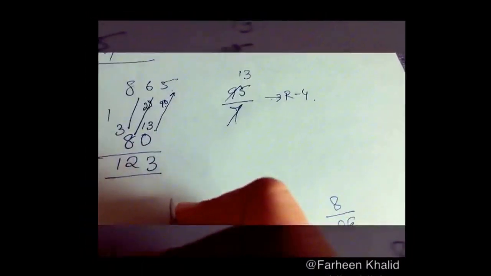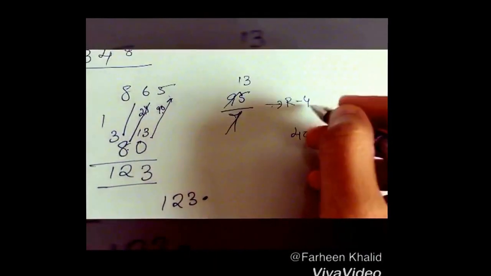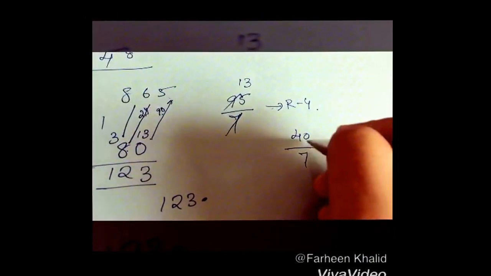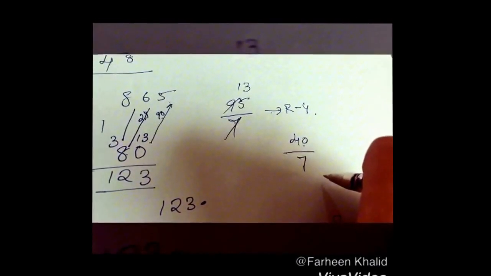But if you want to go ahead, like I told you, it's 123, and you put the decimal here. So your 4 becomes a 40, and then you have 7, and how many times does 7 go into this? So 7 times 5 is 35.